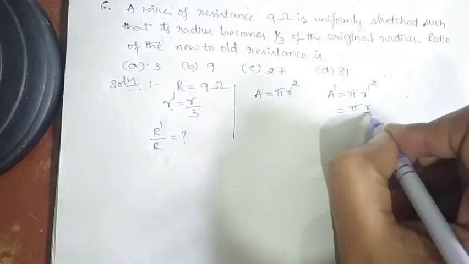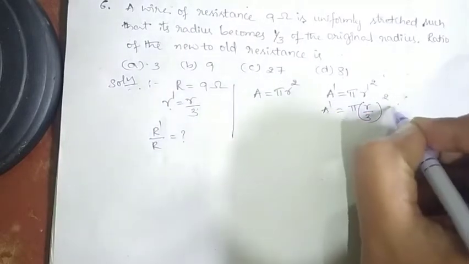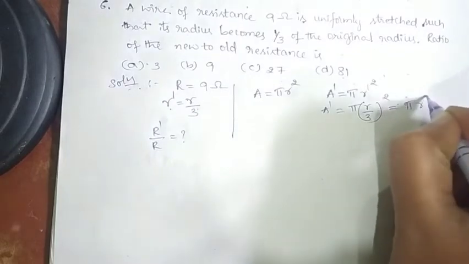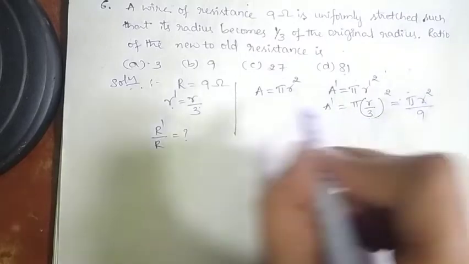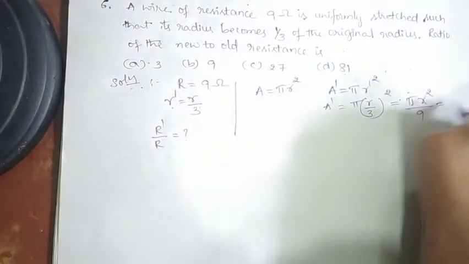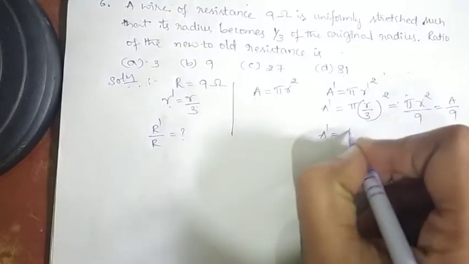So r dash is r by 3 whole square. Then A dash should be pi r square by 9, since 3 threes are 9. Replacing pi r square as A, A dash should be A by 9.